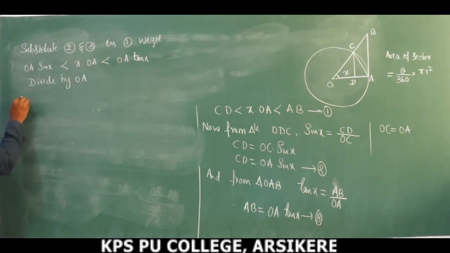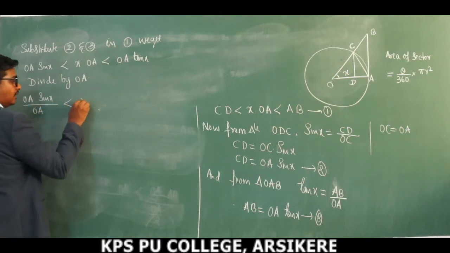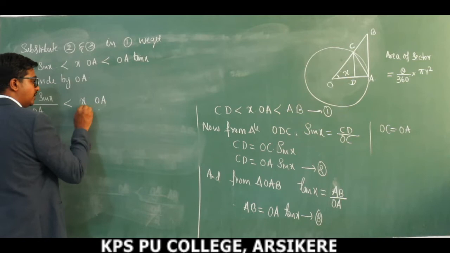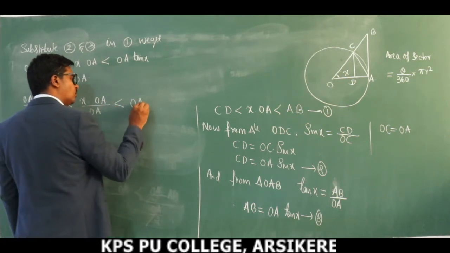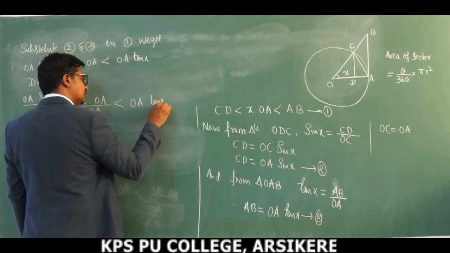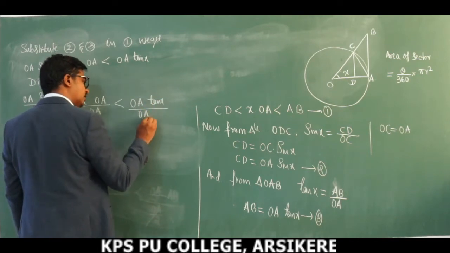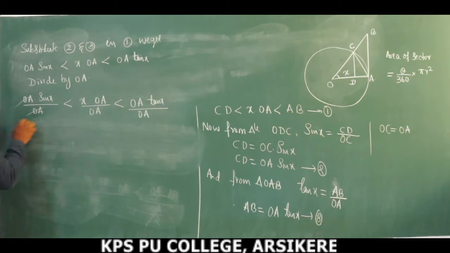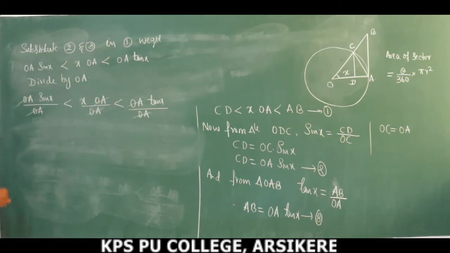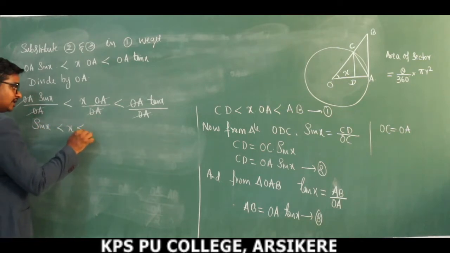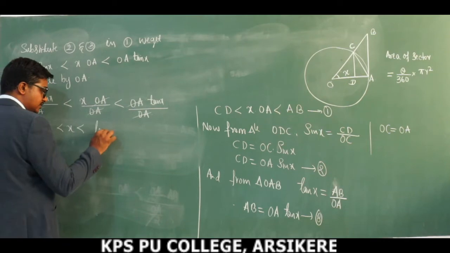This is OA into sin x divided by OA, less than x into OA divided by OA, less than OA into tan x divided by OA. Here this OA and this OA get cancelled, here also these two get cancelled, here also these two get cancelled. So finally we are left with sin x less than x less than tan x.